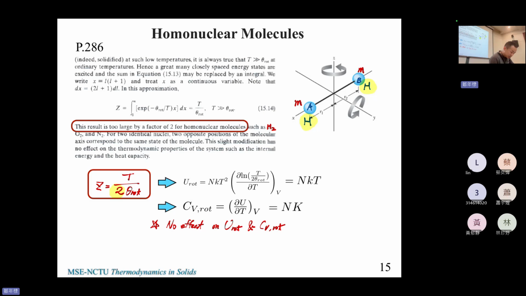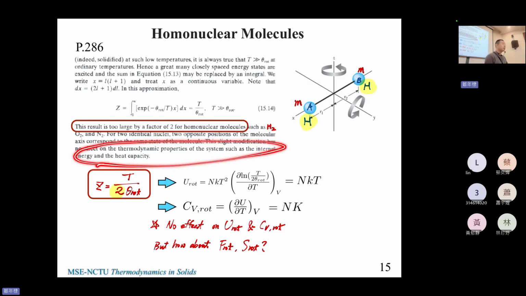Yes, it is true, but how about F rot, S rot? Please go home to do this. All right, you will find that it actually has effect. It actually has effect on F rot and S rot. So I really don't like this textbook. It's kind of misleading, right?